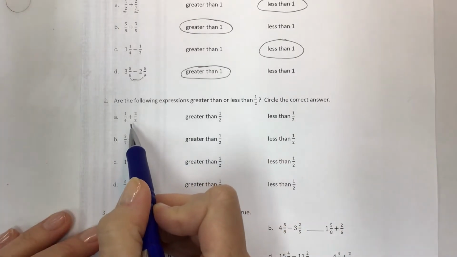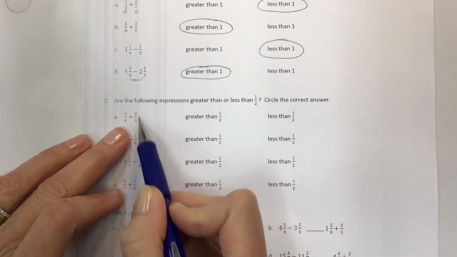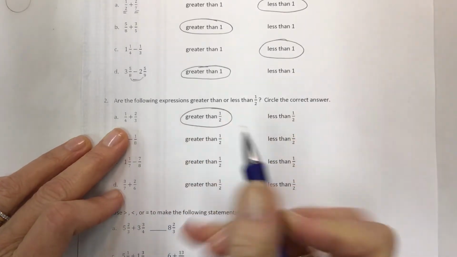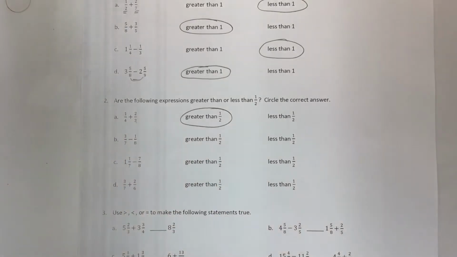And so are you going to end up with greater than half or less than half? Well, this here alone is greater than half. So you're going to have greater than half as your final answer, because 1.5 out of 3 would be half, and we have more than that.